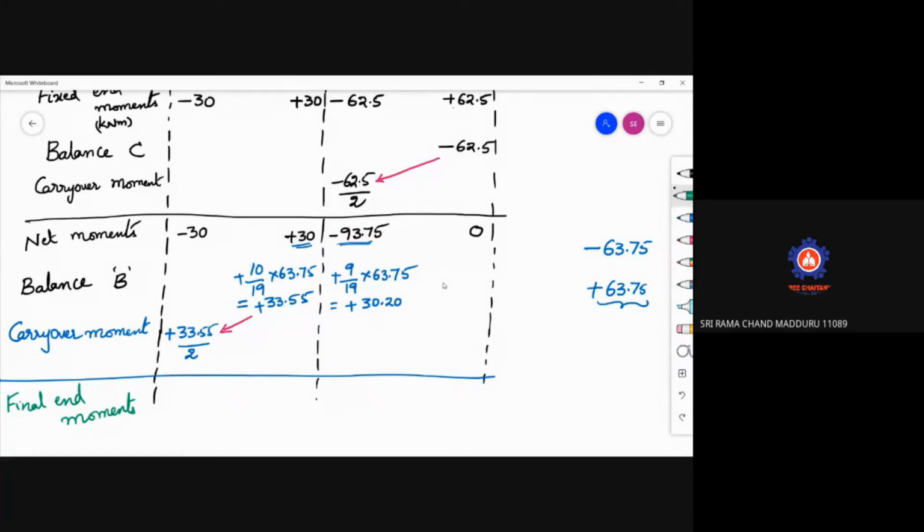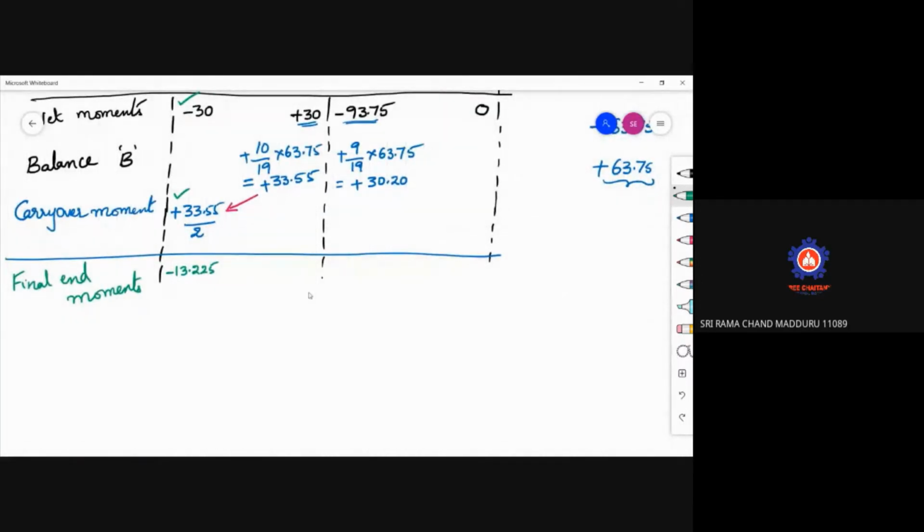So from the net moments, you add these values: minus 30 plus 33.55 by 2, that is MAB. So MAB is equal to minus 13.225 kilonewton meter.